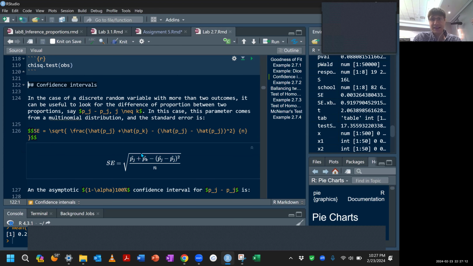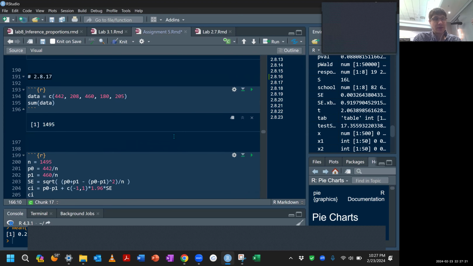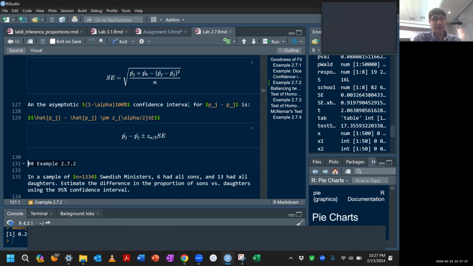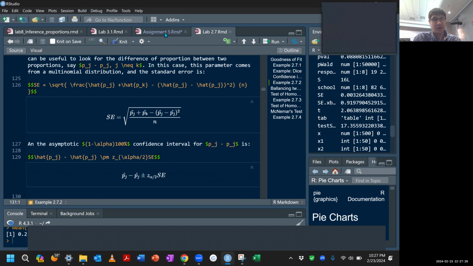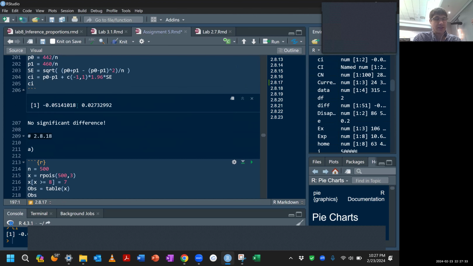So that's this exact test. It's also illustrated in example 2.7.2. It's a very straightforward test. You just take your data, get your two proportions, and follow the procedure outlined here. If you want to check your work, here's my confidence interval. It says there's no significant difference between the two front runners.